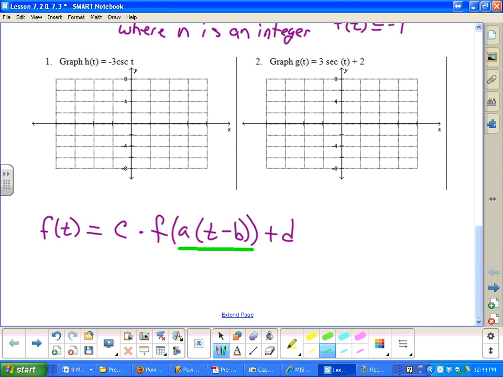If it is a number in front of sine, cosine, tangent, cosecant, secant, cotangent, it's a vertical stretch or compression. And if I add something on to the end of the whole thing or subtract it, then that is a vertical shift.